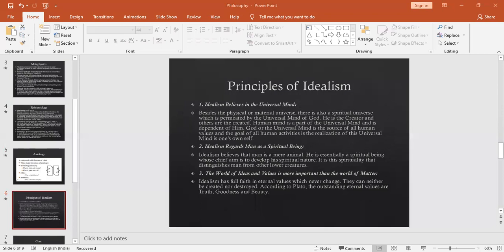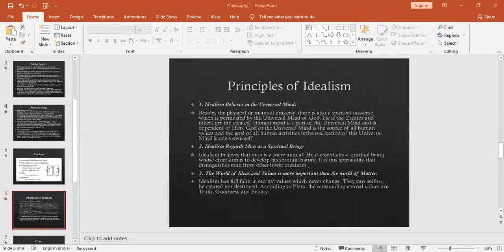The material world is characterized by change, instability, and uncertainty. Some ideas are enduring, right? So we should be concerned primarily with a search for truth, right?